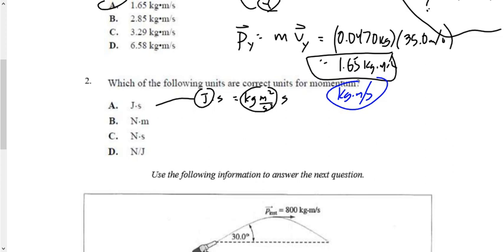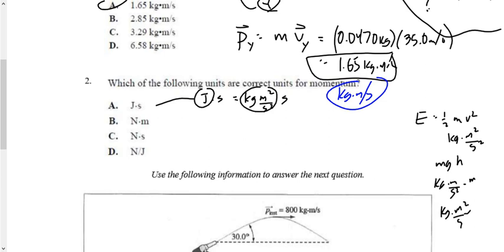Joules comes from energy, right? Kinetic energy is 1/2 mv squared: kilograms times meter squared per second squared. Or you could say it's mgh, which is kilograms times meters per second squared times meters, which is kilograms times meter squared per second squared. Does that make sense? So a joule is a kilogram meter squared per second squared.